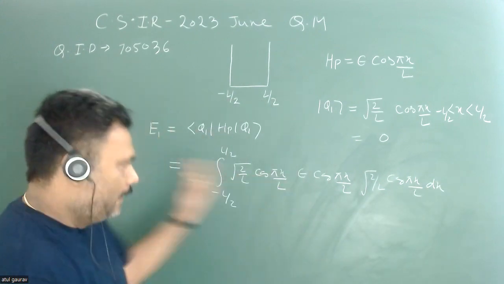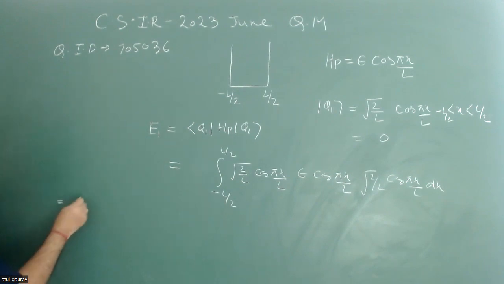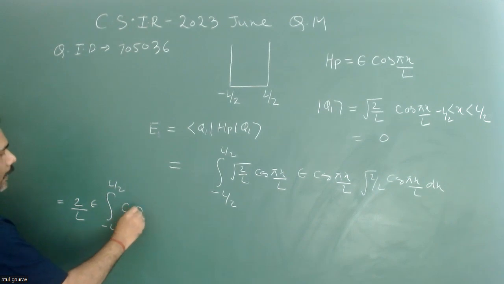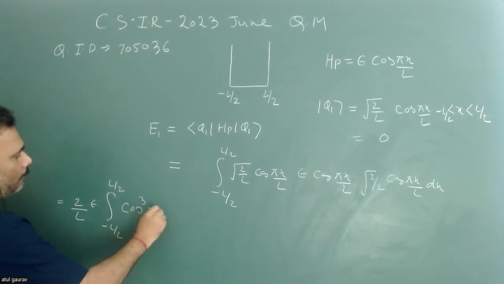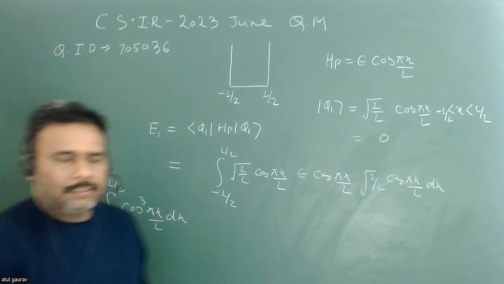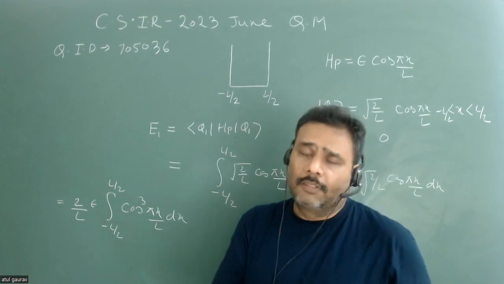I can take all these things outside the integration, and the integration is 2 by L epsilon, from minus L by 2 to plus L by 2, of cos cube(pi x by L) dx.